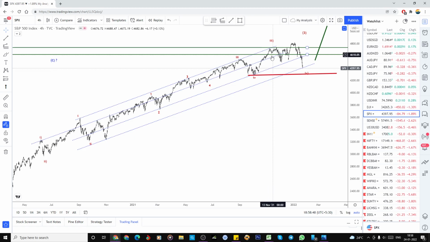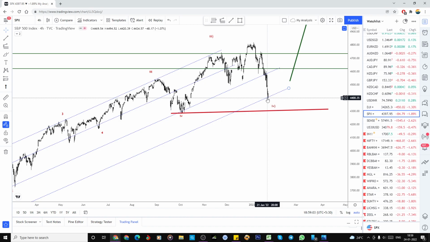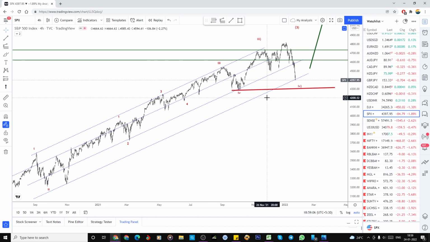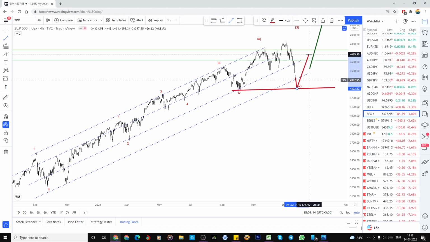I have already drawn the channel and it is accepting that. If it is already broken, I immediately clone the previous channels and place it here. Now it is there. So whether it is going to reach here and immediately bounce, or else we have to wait and watch here.